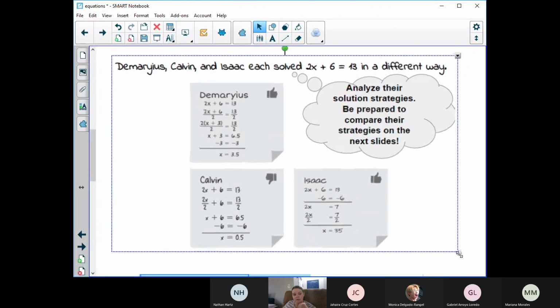All right, let's look at some ways that students solved this problem. Demarius, Calvin, and Isaac each solved 2x plus 6 equals 13 in different ways.